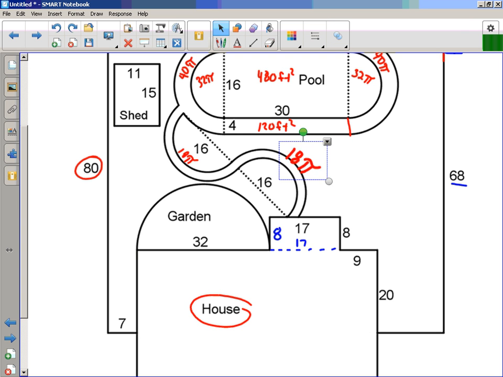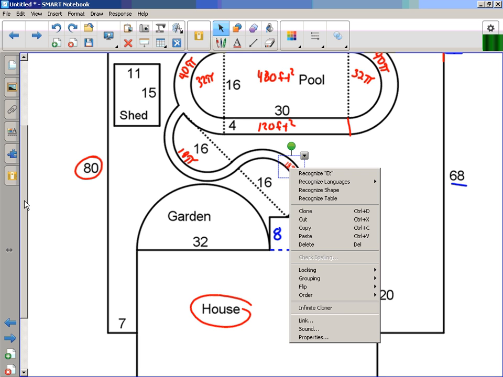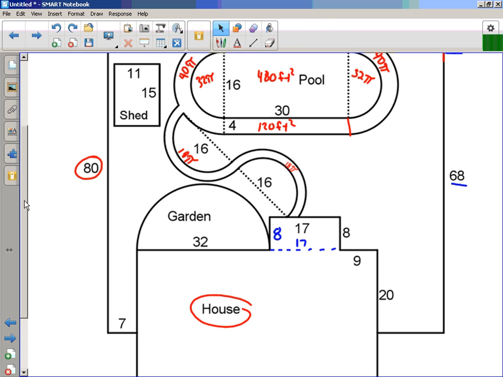Now, you don't have this ability, but I can take and drop that in there. So that's 18 pi for each of those, and together that makes 36 pi. But I'm keeping track of them separately so that if I need to go back and look at any of this, I can as we go.